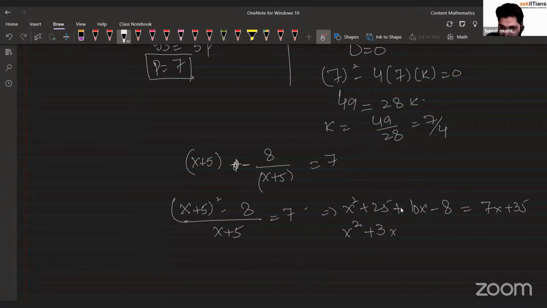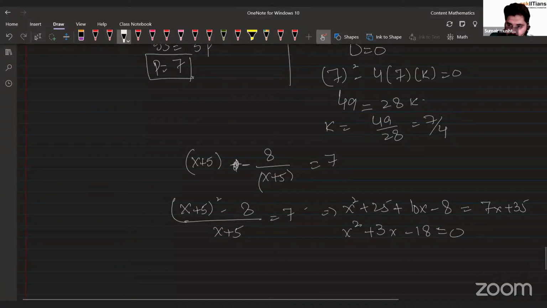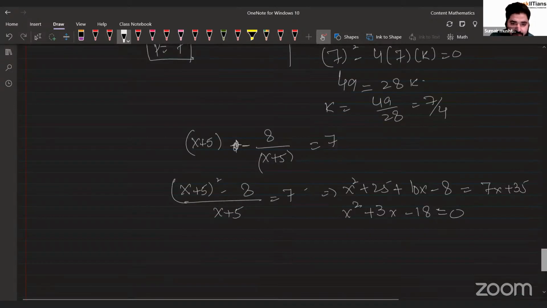And this is 25 minus 8, minus 35. Wait a moment. How much is it? I think negative 18. Is equal to 0. So this reduced to a quadratic equation.